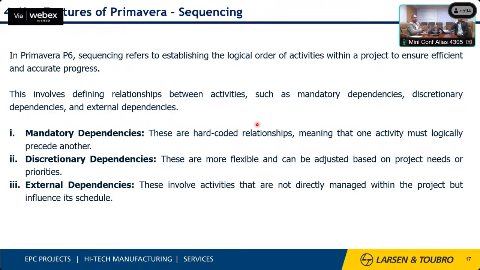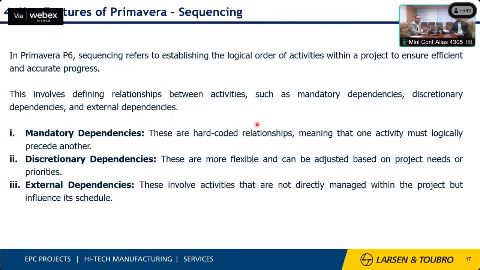These are mandatory dependencies which cannot be changed. The discretionary dependency is like when we have ten foundations and we link the first foundation to the second; we can do the second foundation first or the first foundation first. It's based on the requirement, so we can change the dependency.